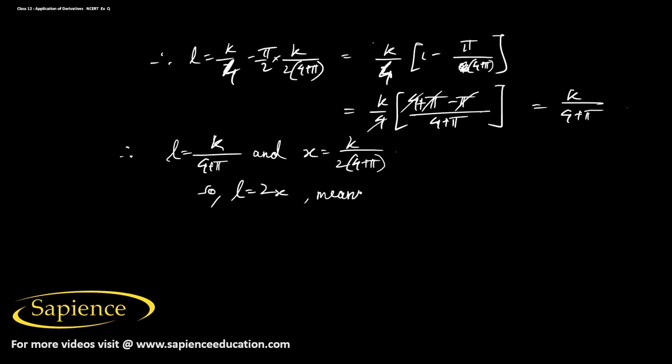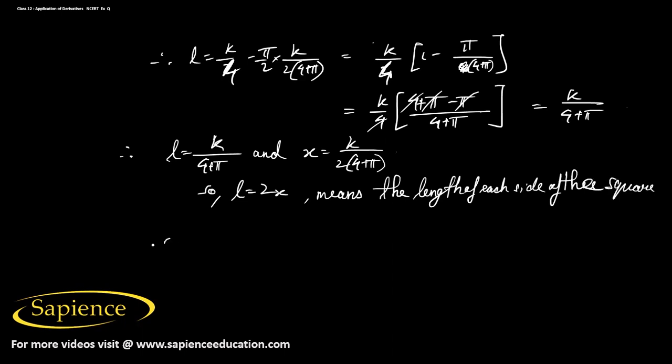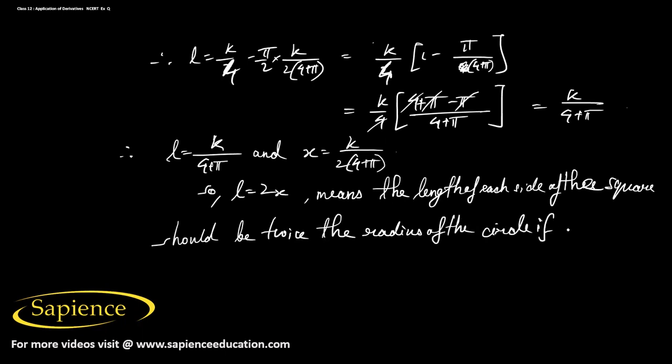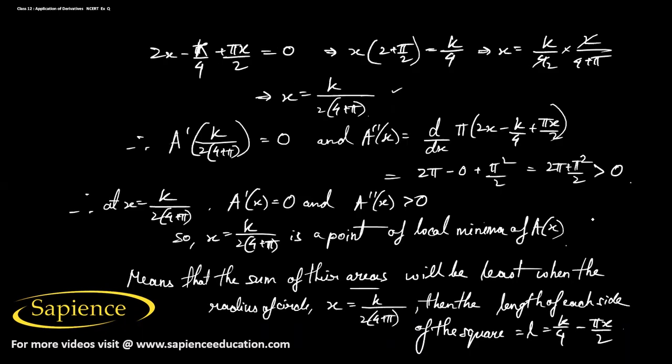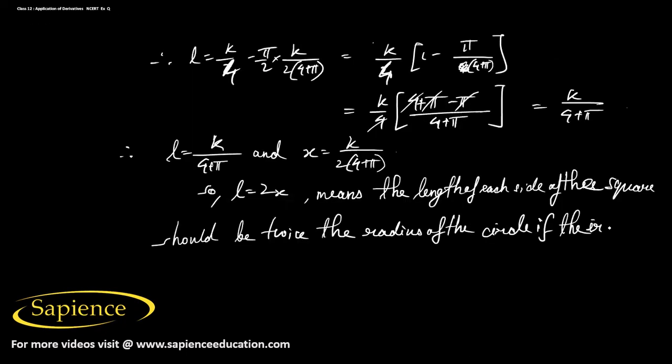It means the length of each side of the square should be twice the radius of the circle, if the sum of their areas has to be the least.